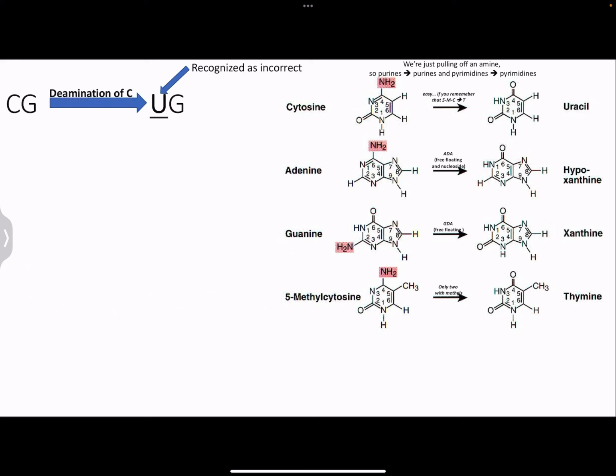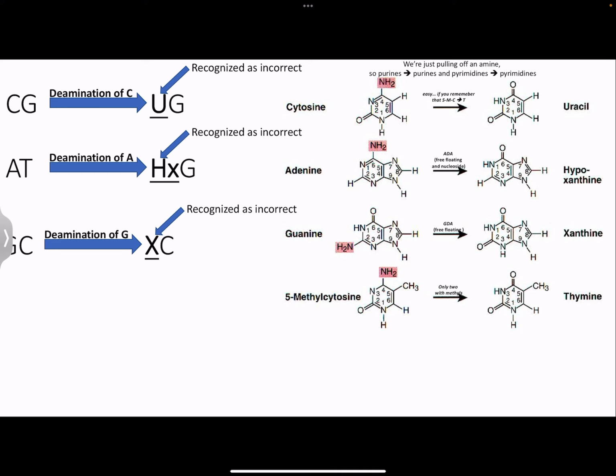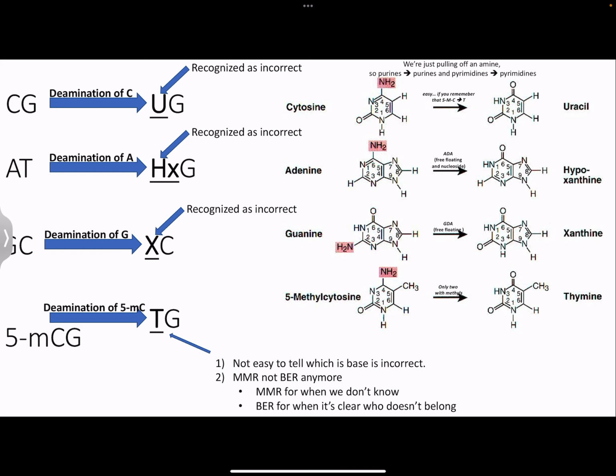So again, cytosine becomes uracil, adenine becomes hypoxanthine, guanine becomes xanthine, and 5-methylcytosine becomes thymine. Again, remember that we have that whole long, complicated folate cobalamin pathway, with methionine and SAM and whatnot, to get 5,10-methylene tetrahydrofolate to convert uracil to thymine. So it should really be burned in your head that thymine has the methyl group. So it should be no surprise that 5-methylcytosine is going to convert to thymine.